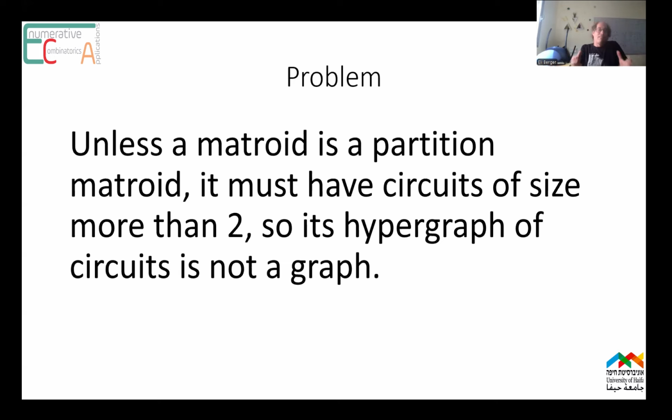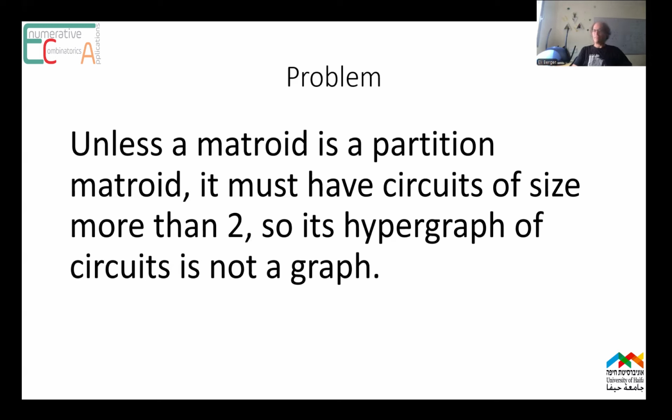And this means that the hypergraph of circuits will have edges of size more than 2. So even if we have two matroids, even if one of them is a partition matroid, if the other is any matroid other than a partition matroid, we cannot use this Meshulam game to obtain lower bounds for eta.